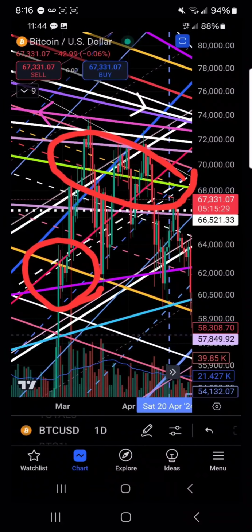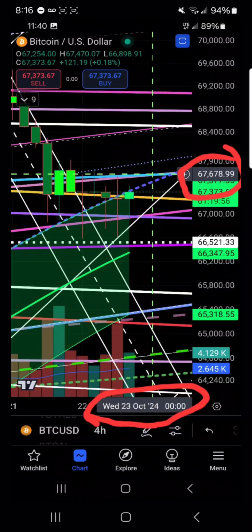Notice the next snapshot. We seem to be holding, closing candles on the 4 hour time frame above that orange line going across your screen.